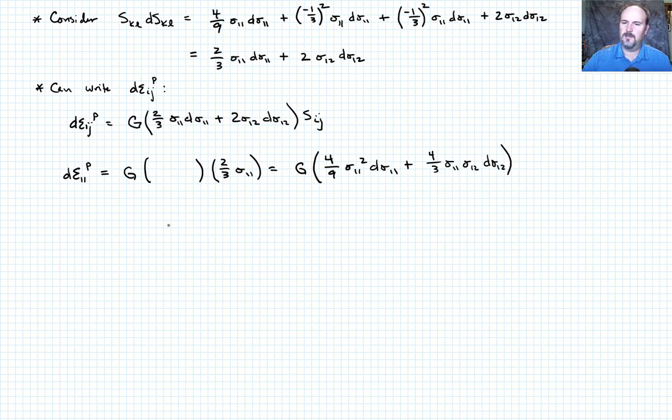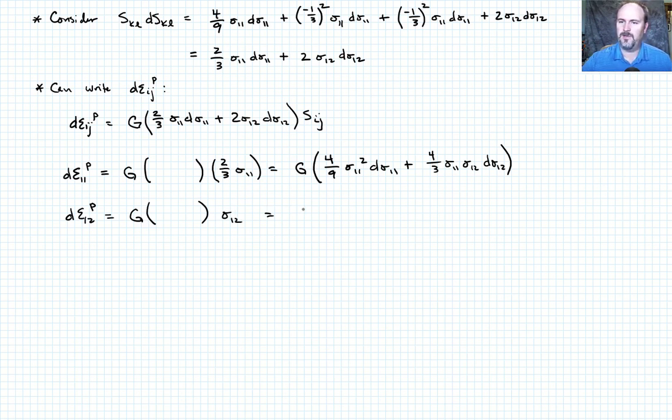Okay, that's that quantity. And then we can look also at d epsilon 12 p. That's going to be G times this quantity above here. Now Sij, in this case, is S12, which is just sigma 12.